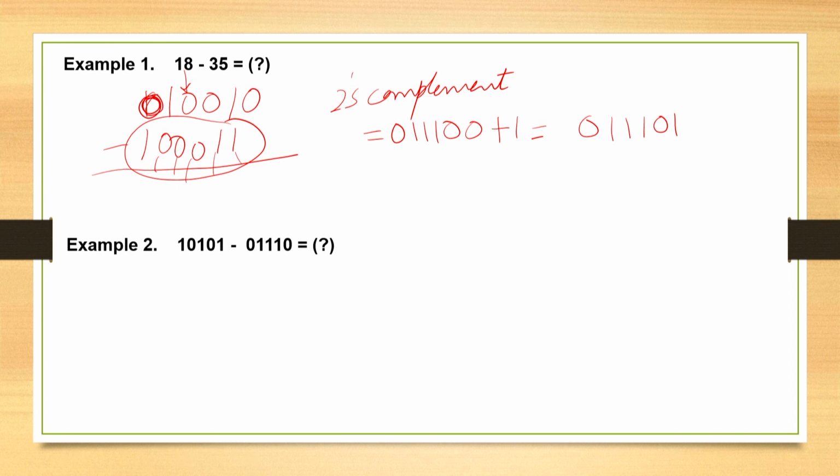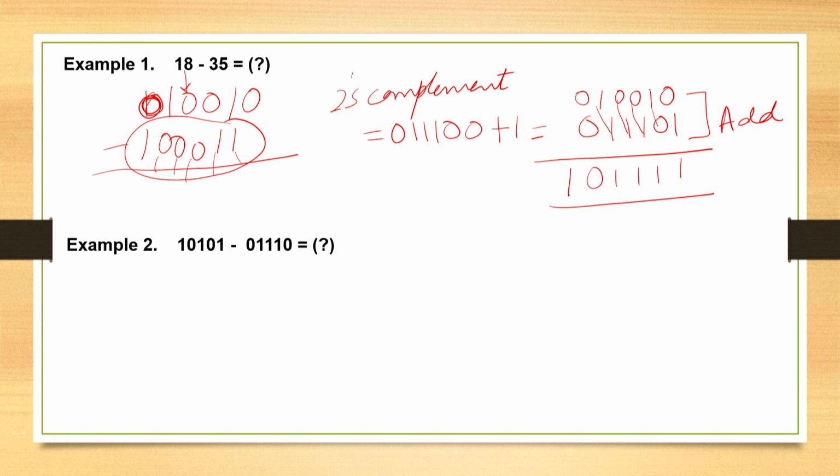Then the next step says add what? This 18 with this. So 18 was your 0, 1, 0, 0, 1, 0. So you have to add this. On adding, you get what? This is 1, this is 1, this is 1, this is 1, this is 1.